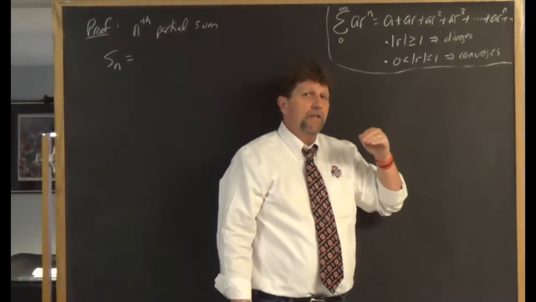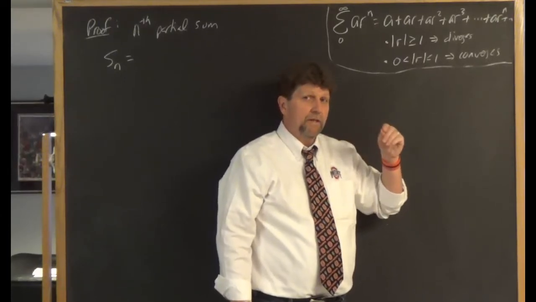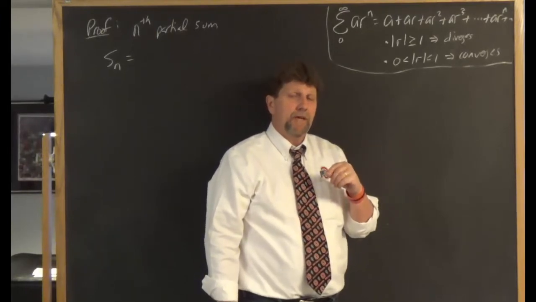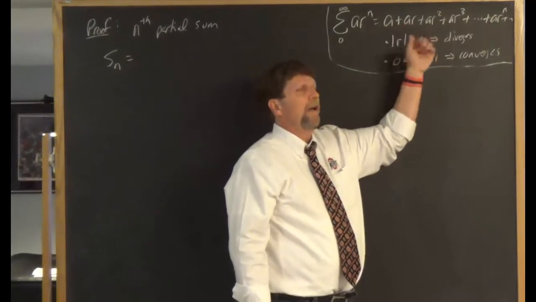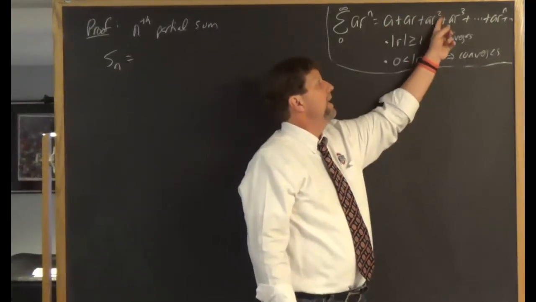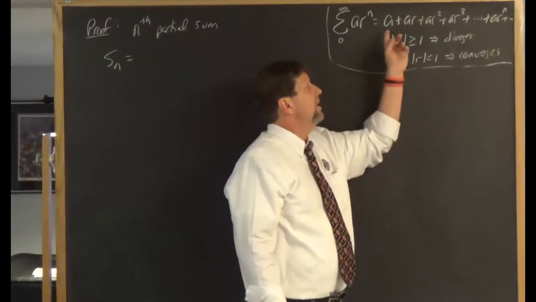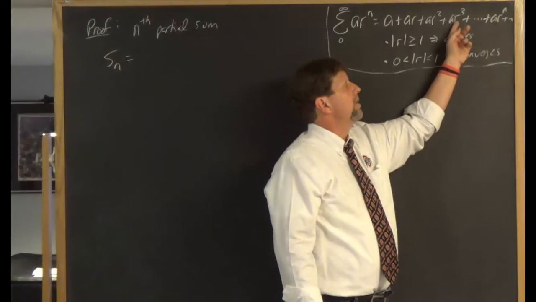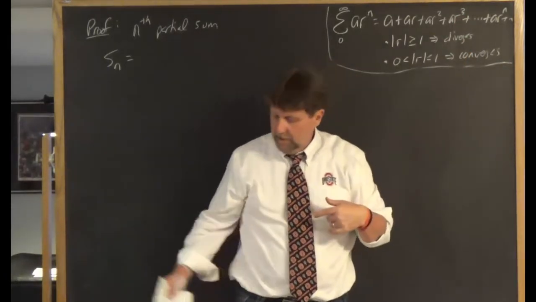You notice on each of those partial sums, the exponent is one less than what the actual partial sum is. The third partial sum, the sum of these three terms, ended with an exponent of 2. The fourth partial sum, the sum of the first four, ended with a term where the exponent is 3. That's one less than the partial sum.